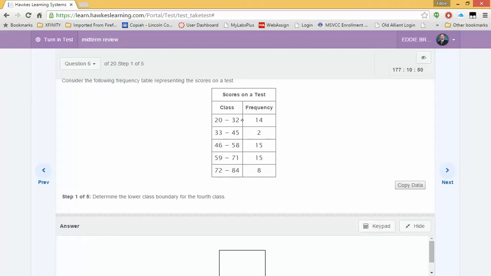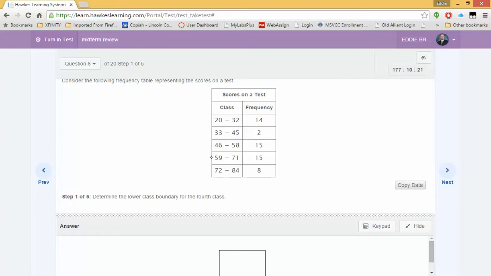So 32.5, 45.5, 58.5. If you want the lower class boundary of the fourth class, 1, 2, 3, 4, you come to this lower class limit and then go 0.5 less than that. That would be 58.5.